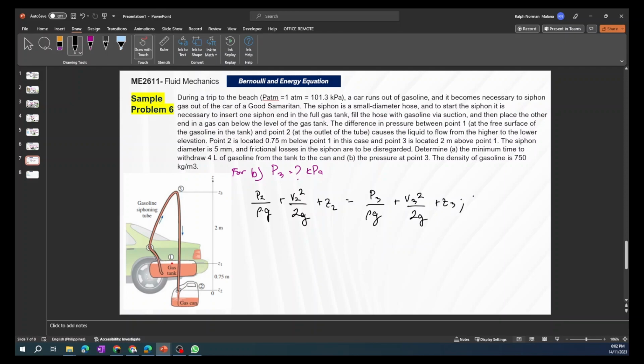The thing is, V2 equals V3 due to conservation of mass, they have the same velocity. Our Z2 here is still 0. Our Z3 here is 2.75.